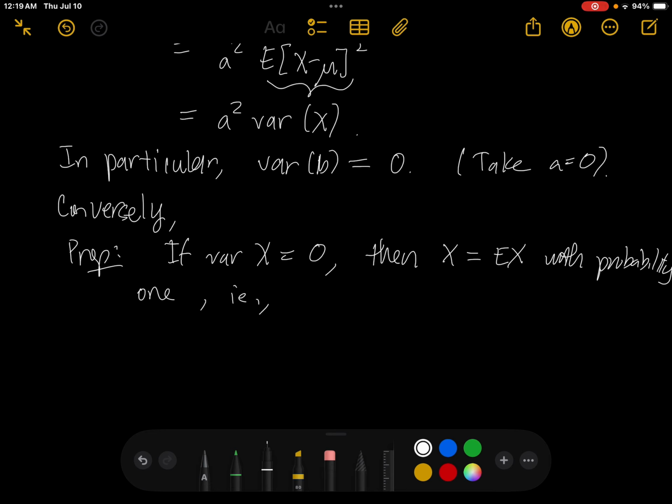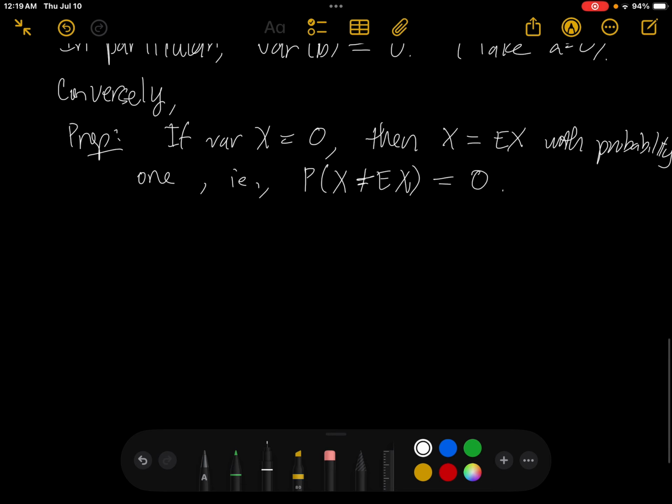What does it mean for this to be true with probability 1? It means that the probability that X is not equal to the expectation of X is equal to 0. In other words, the probability that X is equal to the expectation of X is equal to 1.